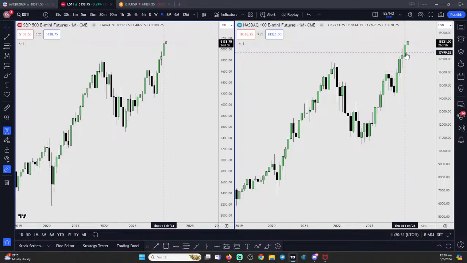That's about 10 handles. So usually if we're going to anticipate large expansions, we're going to have large manipulations, right? But so far that hasn't been the case, and it hasn't been the case for quite a while, right?